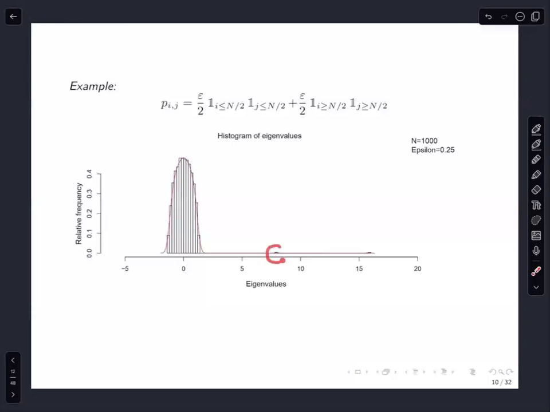Here you can see two eigenvalues sticking out of the bulk, indicating that there are two communities, and the rest of the eigenvalues are concentrated around this region. This is a typical example of the stochastic block model, which is widely used in statistics.